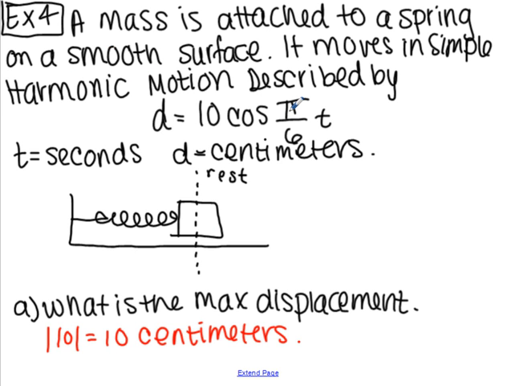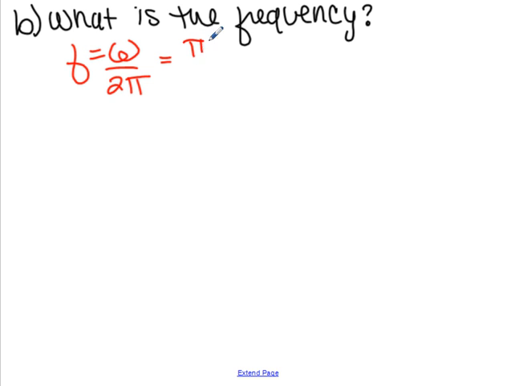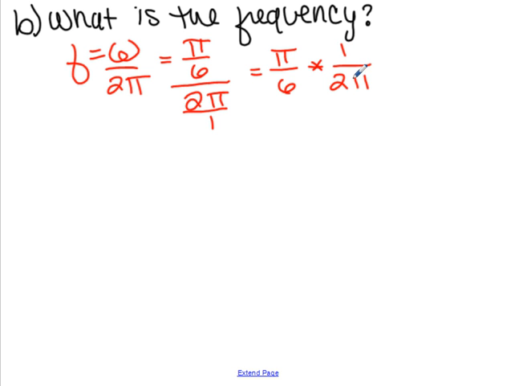Our omega is pi over 6 over 2 pi. I do copy, change from divide to multiply, and flip. So this is like 2 pi over 1, so if I flip it, it's going to be 1 over 2 pi. The pi's cancel, and I'm left with 1 on top. 6 times 2 is 12.